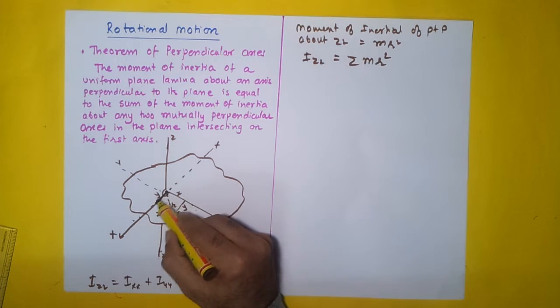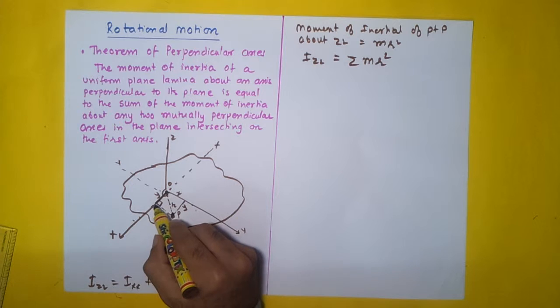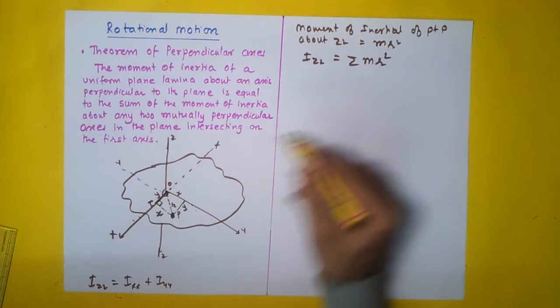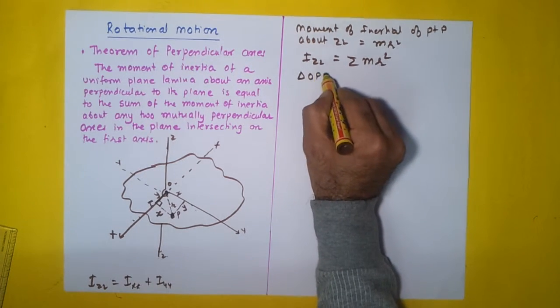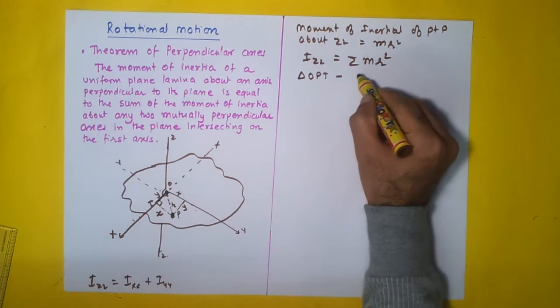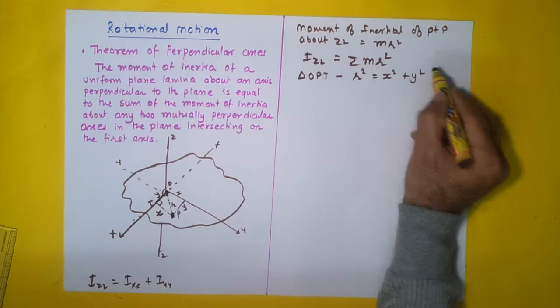Therefore, if I look at this particular triangle, let us say this is OP, and let us call this T. So in triangle OPT, what do I get? R is the hypotenuse, so I'll get r square is equal to x square plus y square.